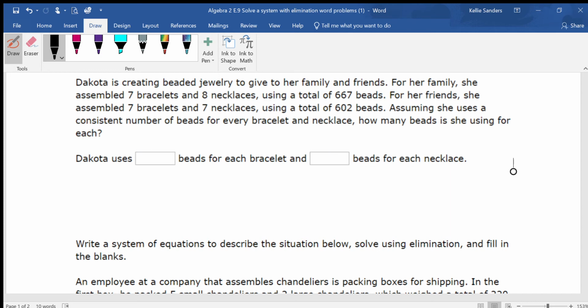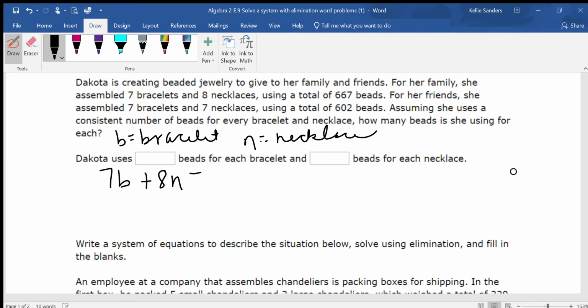So if she assembled 7 bracelets and 8 necklaces, so 7B, B is for bracelet, and N for necklace. So 7B plus 8N.